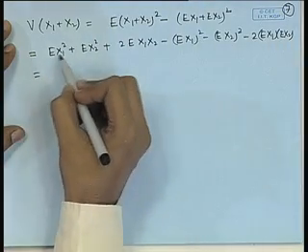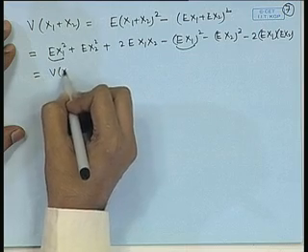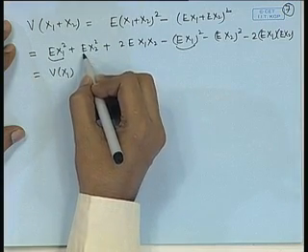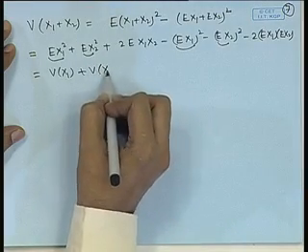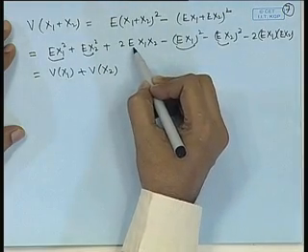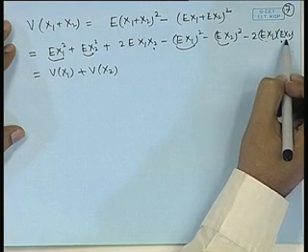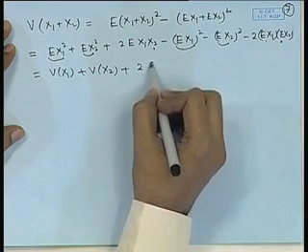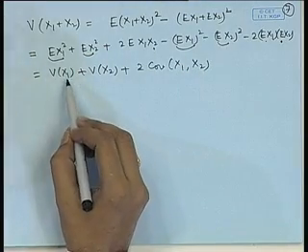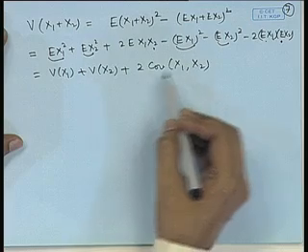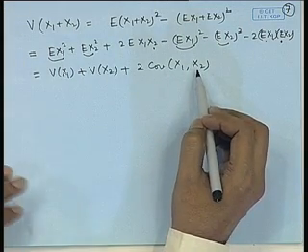If we combine expectation of x1 square with (expectation of x1) whole square, this is variance of x1. In a similar way, expectation of x2 square can be combined with (expectation of x2) whole square, which leads to variance of x2. Now, this cross product term, that is expectation of x1 x2 minus expectation of x1 into expectation of x2, is nothing but the covariance term. So, variance of a sum is equal to the sum of the variances plus twice covariance of x1 x2. So, there is an additional term here.